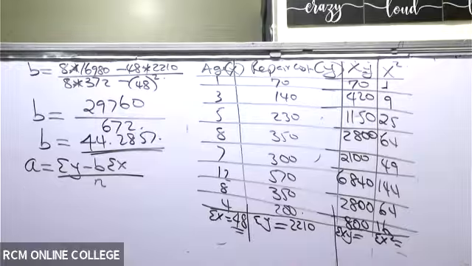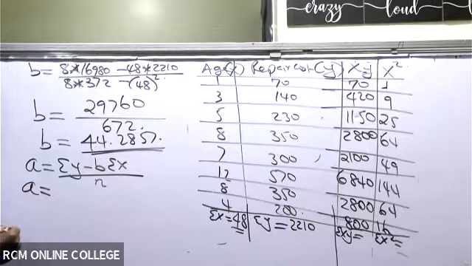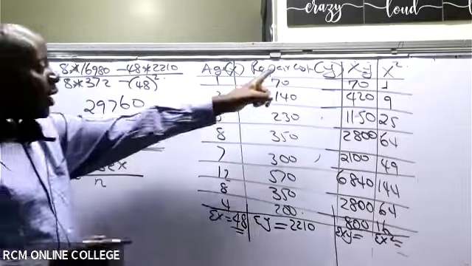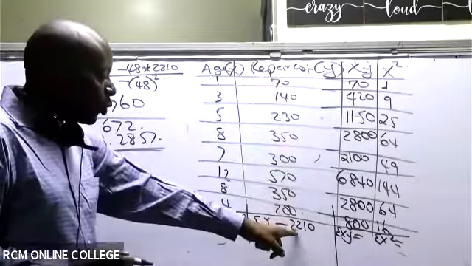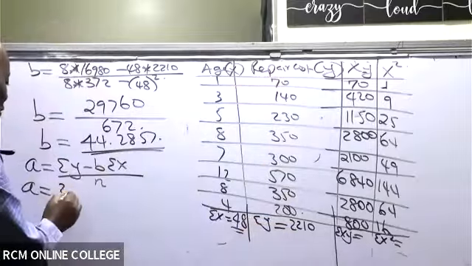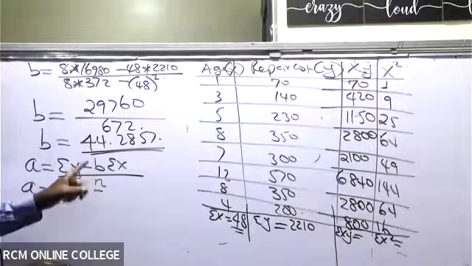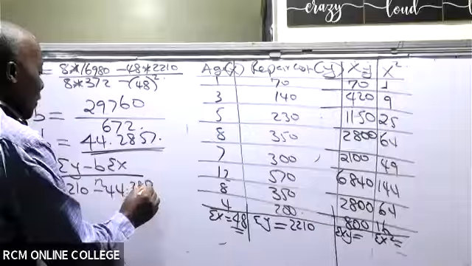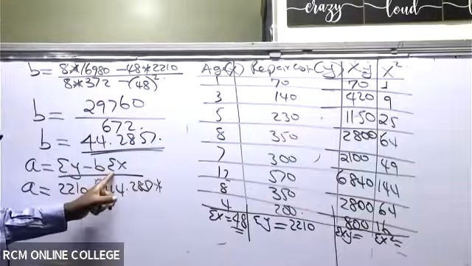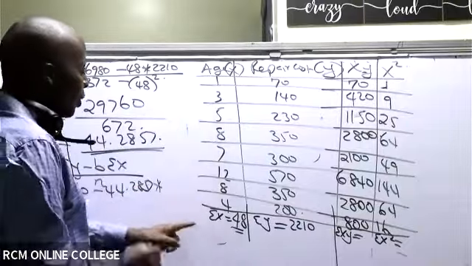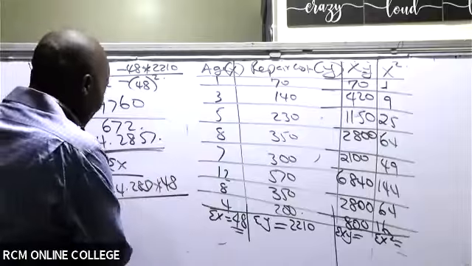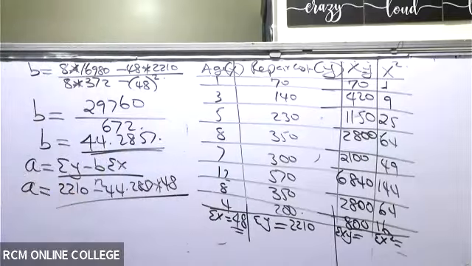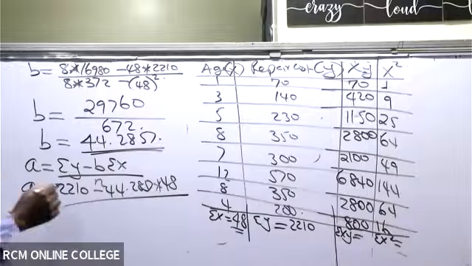Oh, yes, we do. So our A will be equal to summation of Y, which is 2210, minus B, which is 44.2857, times summation of X, which is 48, divided by our number of data points, which is 8.